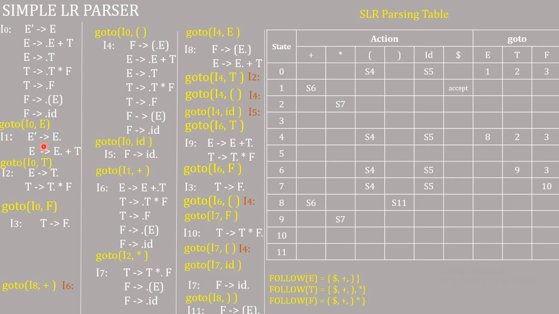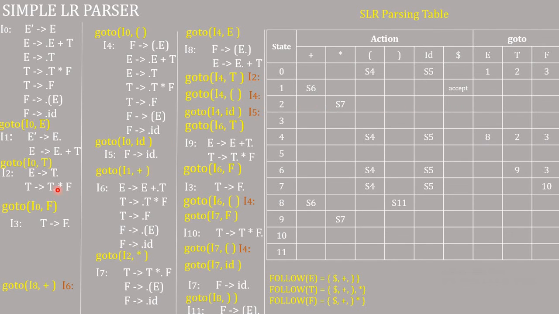For I1, we don't have any other production. So let us go to I2. In I2, we have E tends to T dot. So the dot is at the end here. So for this production rule, for this state I2, we have to apply the reduce operation. So where are we going to apply the reduce operation?